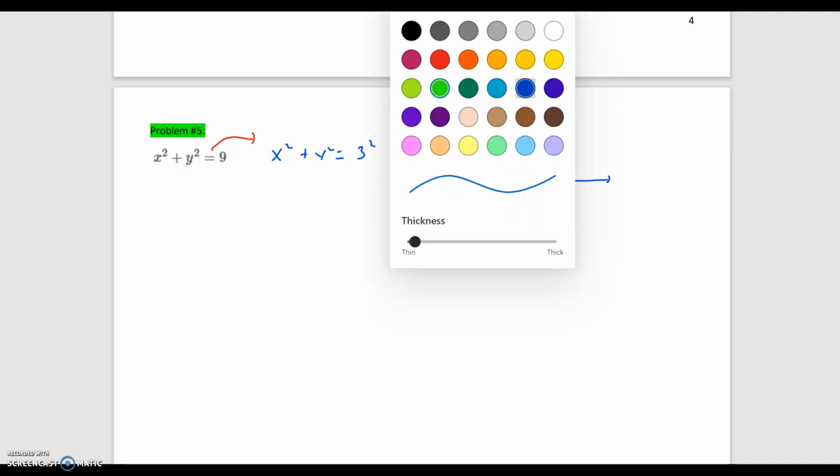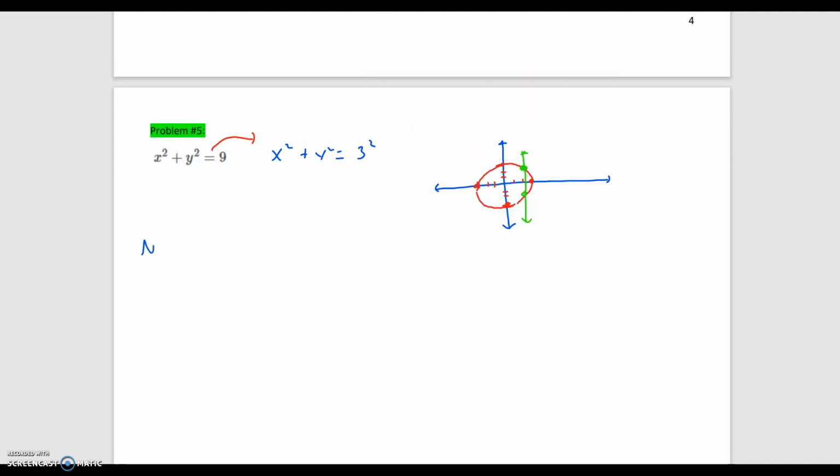So we would simply say on this one, no, x squared plus y squared is equal to 9 is not defined as a function because x squared plus y squared equal to 9 fails the vertical line test.